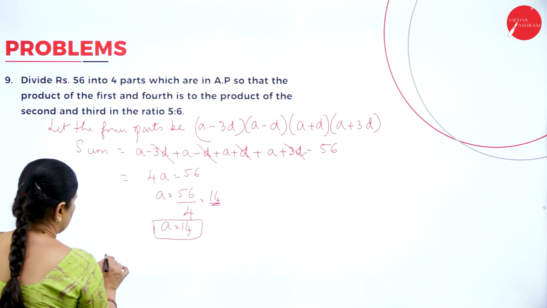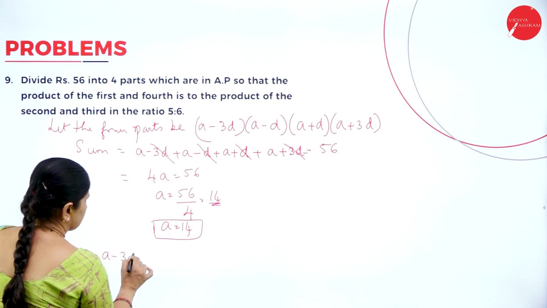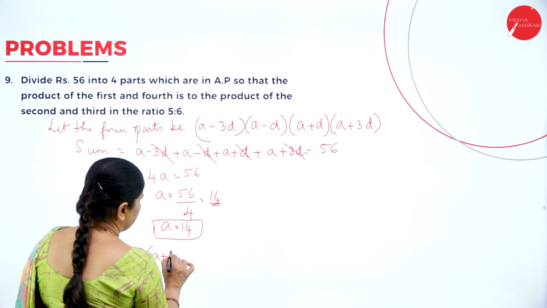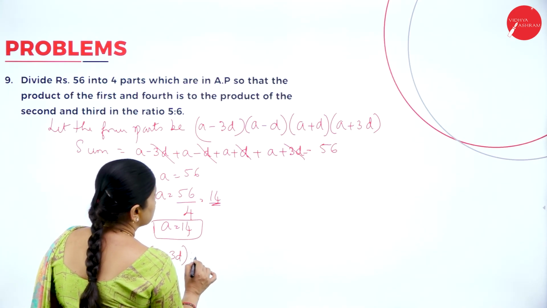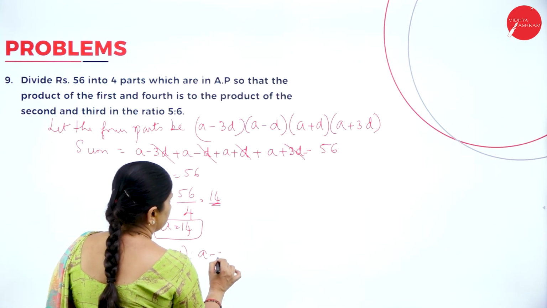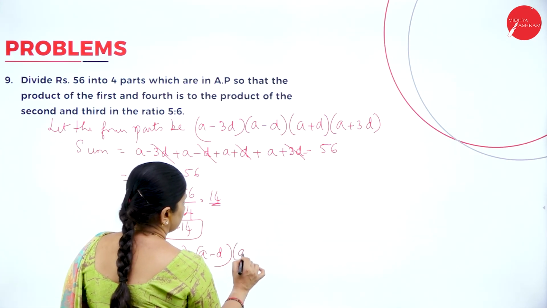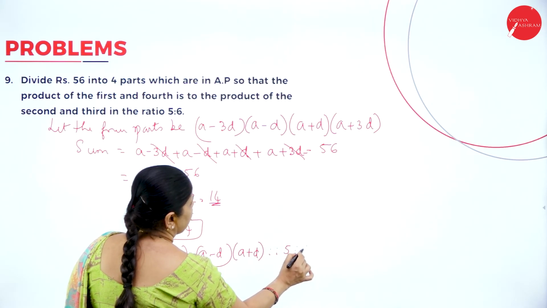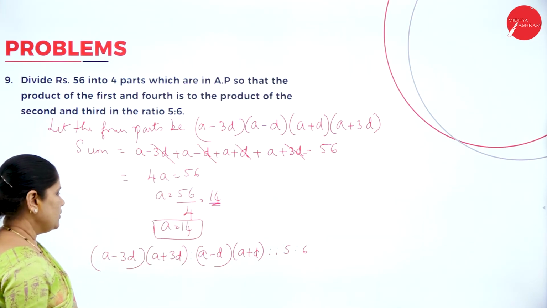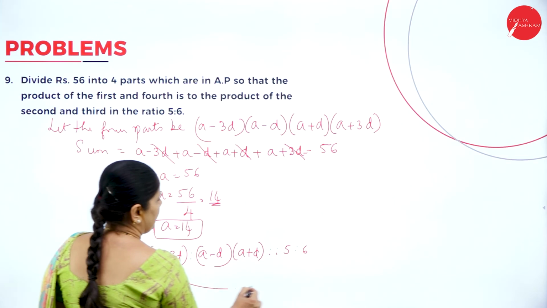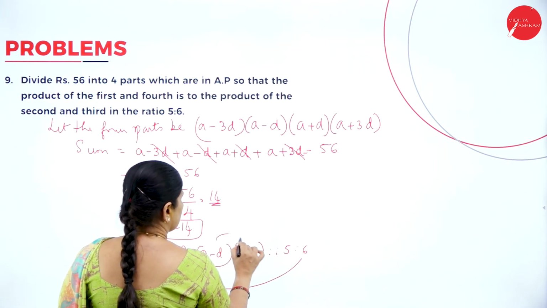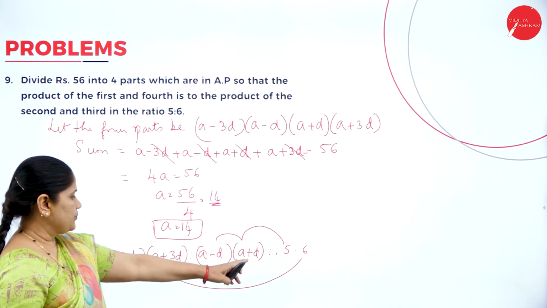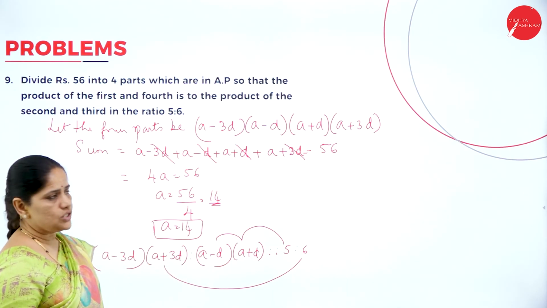So, A minus 3D into A plus 3D is to A minus D into A plus D as 5 is to 6. Now, we will have to multiply these two terms, that is A minus D into A plus D into 5, and these two terms into 6.